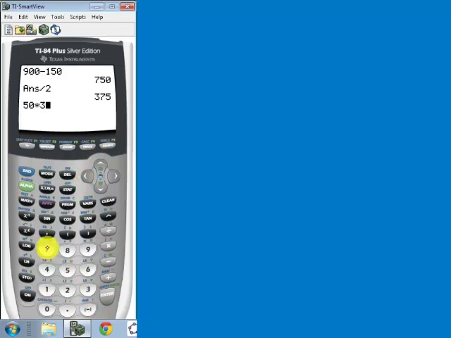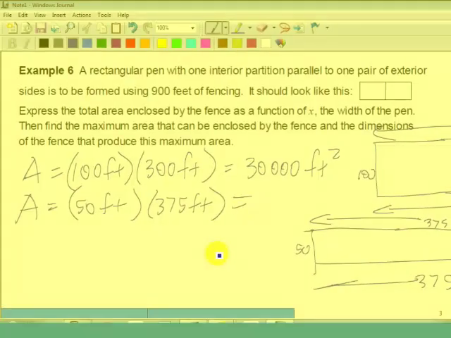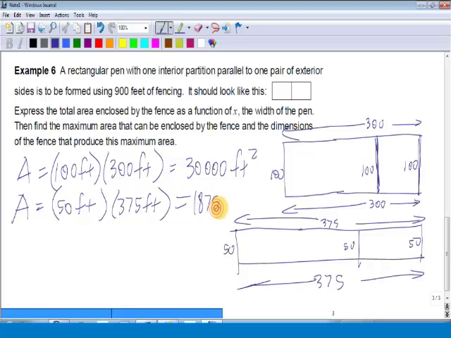There it is. 375 times 50 is 18,750. I don't know if the discrepancy in area is apparent from my diagram there. I'm thinking it's maybe not that clear. Maybe the bottom fence drew a little bit too wide compared to the other one. But it's less area, 18,750 square feet, a good bit less.